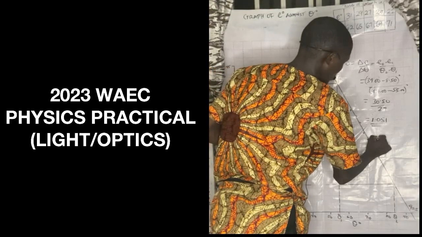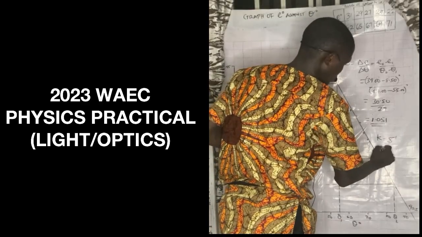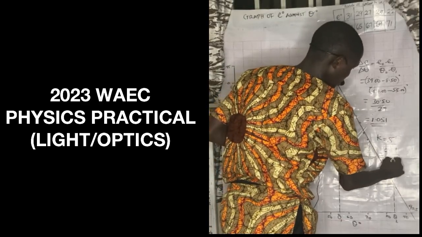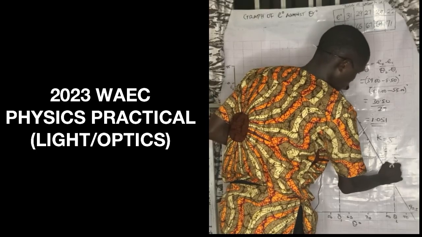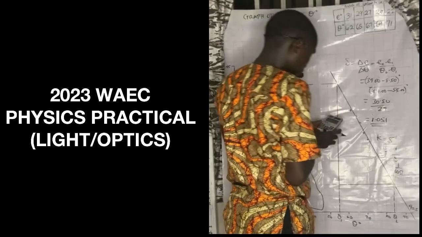Then your slope inverse, which is K, you are asked to calculate. K is equal to 1 over S, which is 1 over 1.051. So what do we get?